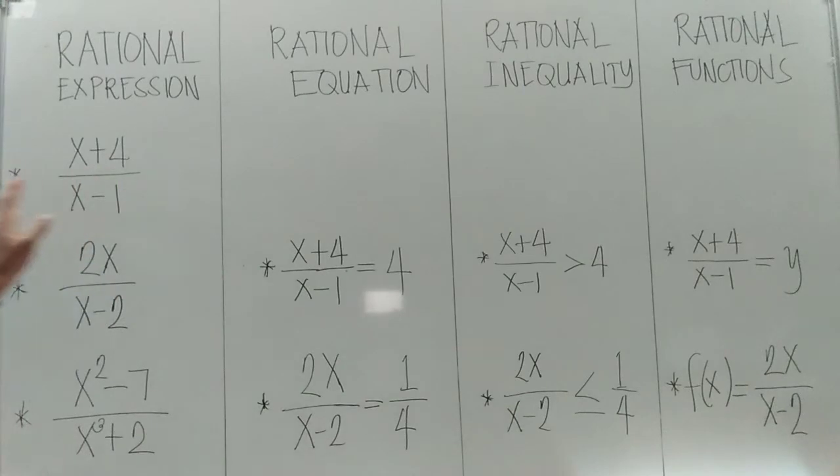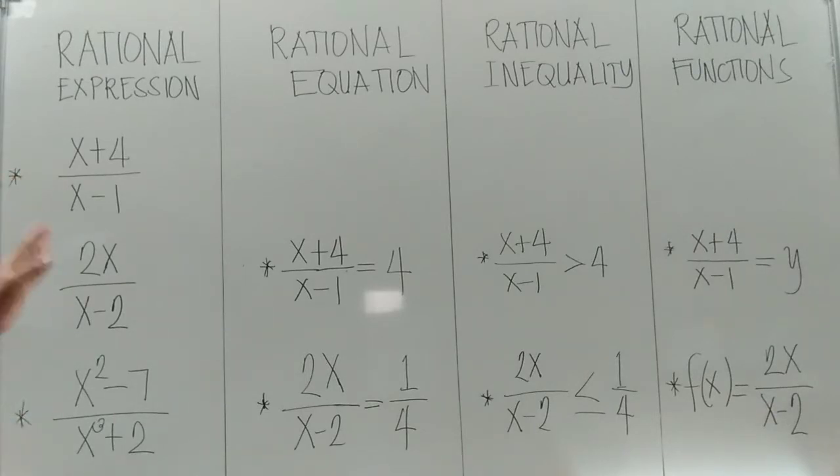For example, we have x as a number is added by 4. So this is just an expression. But to give you an example of a rational expression, we have a numerator and denominator. So we have x plus 4 over x minus 1.